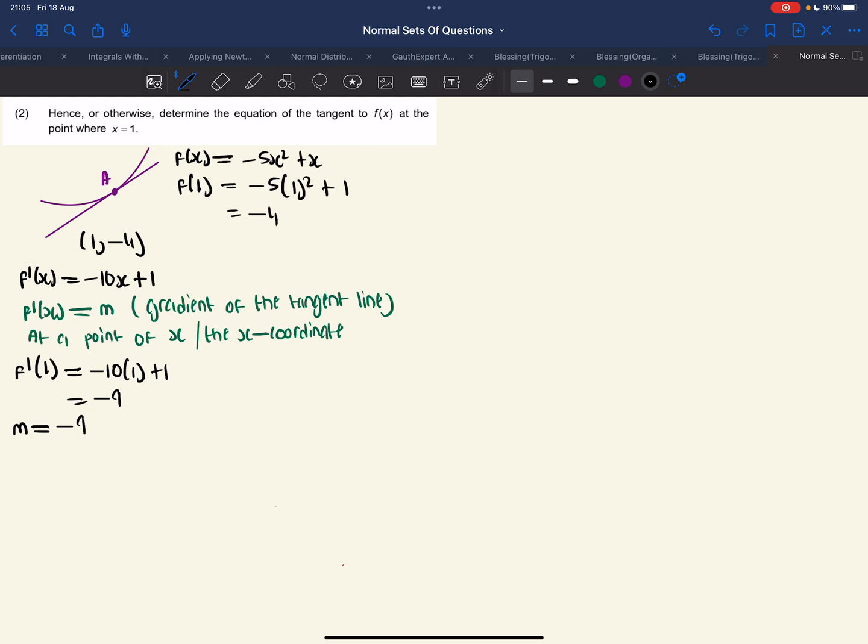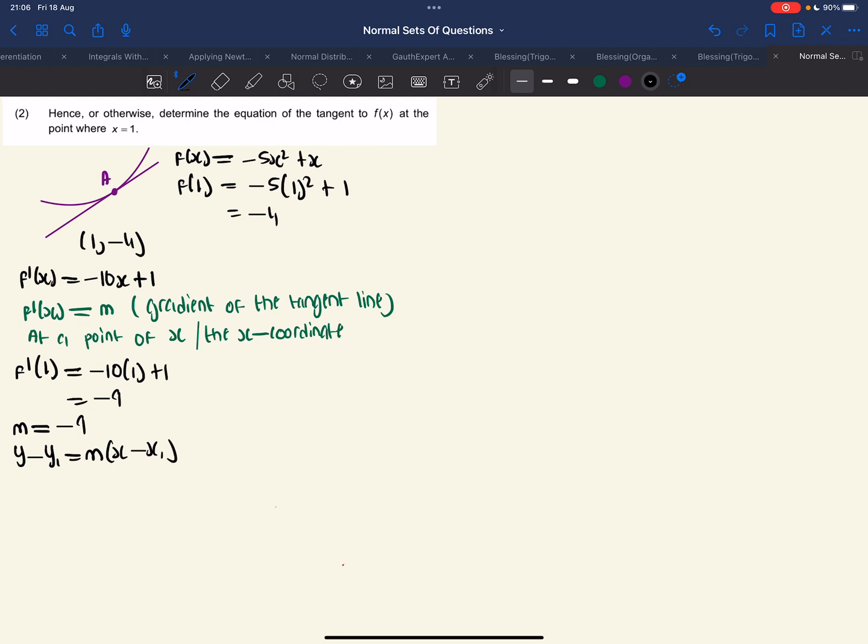And then remember from school, whenever you are trying to find the equation of a straight line, because the tangent line is a straight line, you are given this formula: y minus y1 equals m times x minus x1. This will automatically give you the equation of the tangent line.